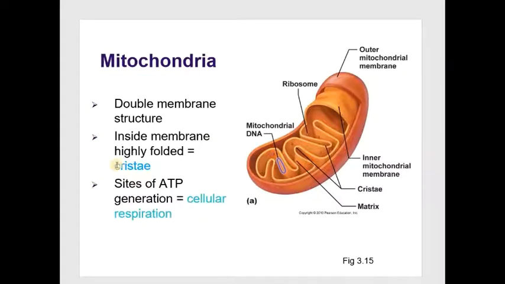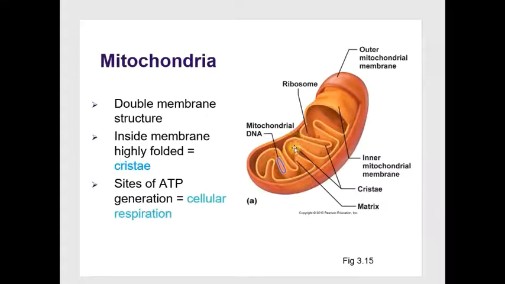Let's move on to the next organelle, the mitochondria. The mitochondria is a double membrane organelle, so it's got two membranes instead of just the single membrane that we've been talking about. The outer mitochondrial membrane is an encasement, and within that, it has a highly folded inside membrane that we call cristae.